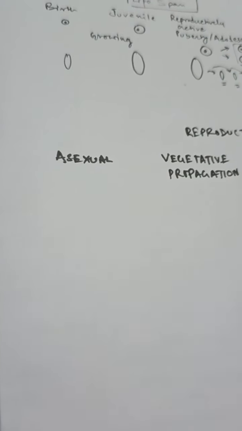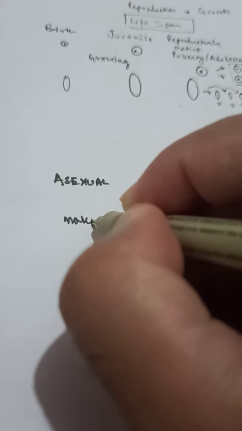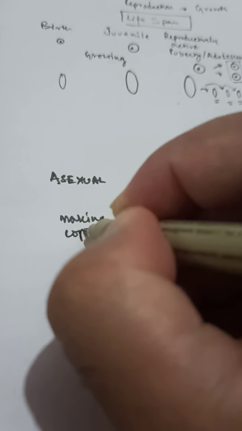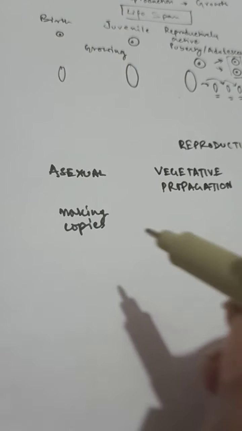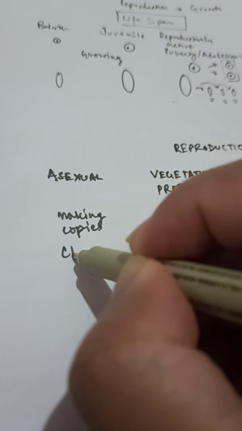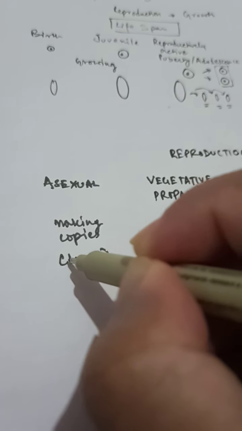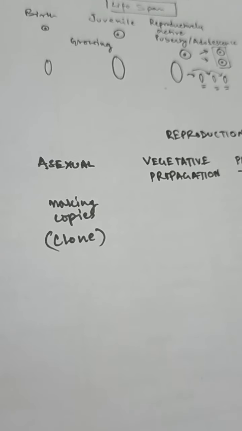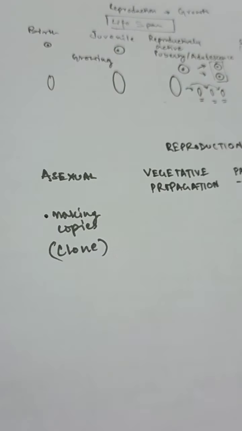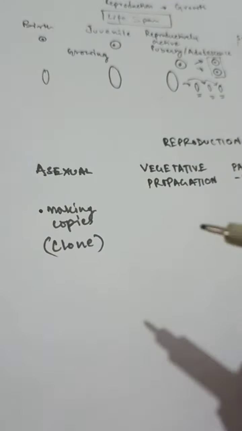Now talking about asexual reproduction, it is actually the individual, whichever is there, making its copy, making copies. Okay, kind of like Xerox. Sometimes it is considered as production of clones, because the individual that will be formed, the offspring, has got the same features as that of the parent.